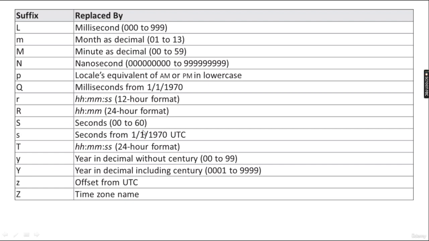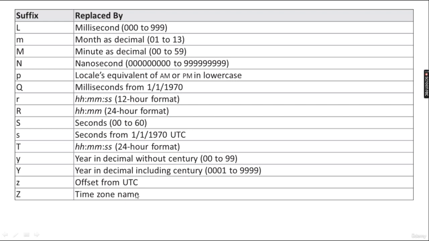Capital S is for seconds, 00 to 60. Small s, seconds from 1-1-1970 UTC. Then T, hour, minute, second, 24-hour format. y, year in decimal without century. Y, year in decimal including century, 0001 to 9999. z, offset from UTC. Capital Z, time zone name.